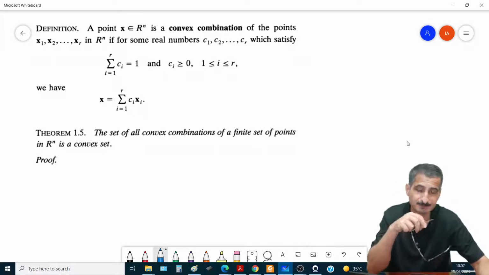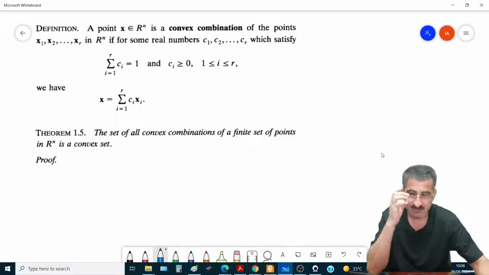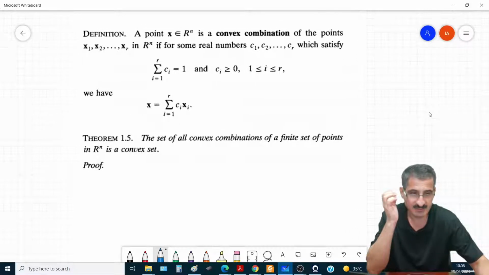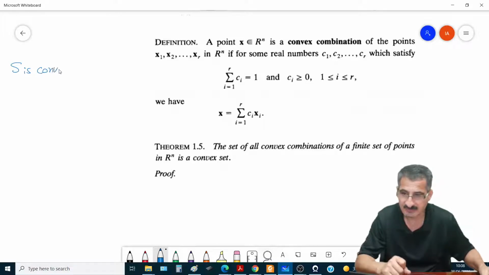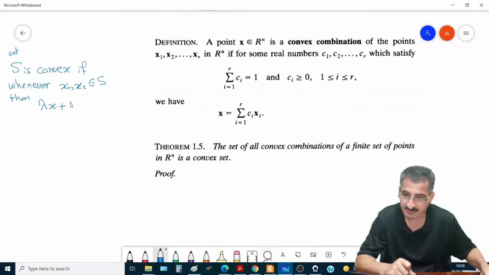Remember that a set S is convex if whenever we choose any 2 points in S, then the linear combination, lambda x1 plus (1 minus lambda) x2, must also belong to S, where lambda is any number between 0 and 1.